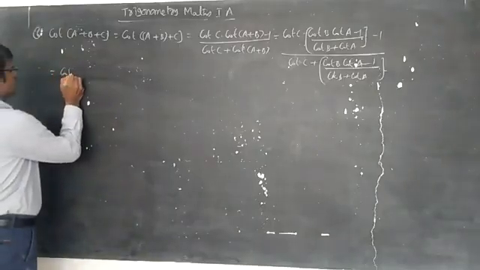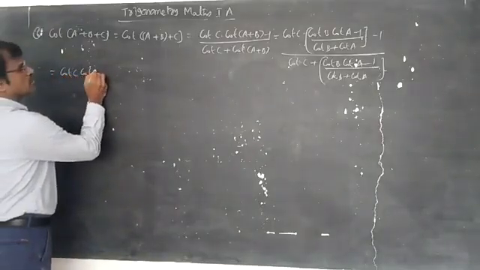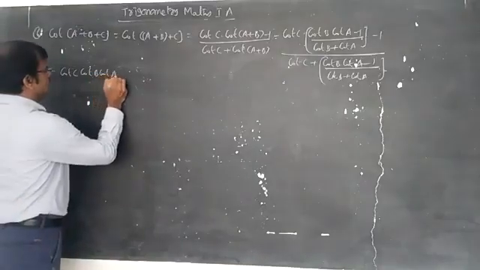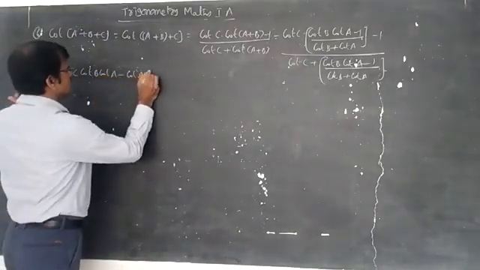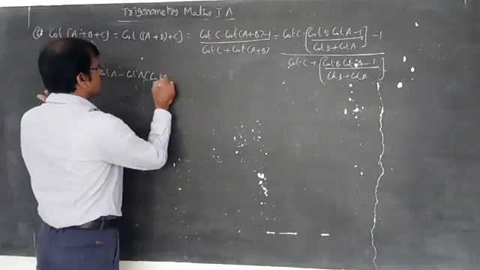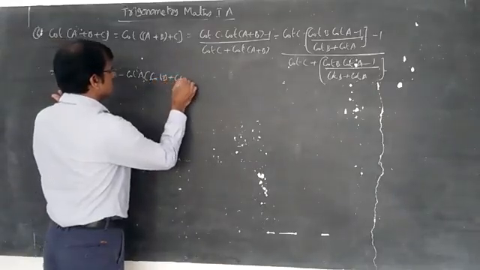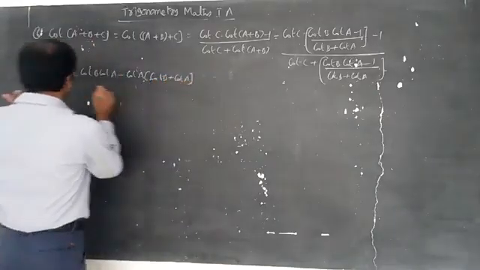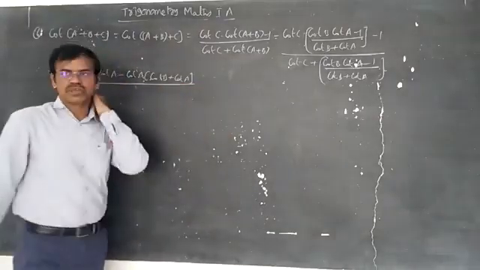That is equal to cot C cot B cot A minus cot A into cot B plus cot B whole by cot B plus cot A.